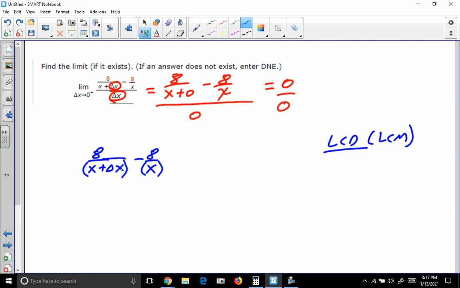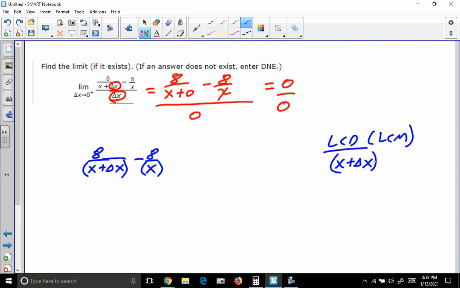So to be a common multiple of x plus delta x, we have to have that factor. So that's one factor, that whole thing. To be a multiple of x, we have to contain a factor of x. This does not contain x as a factor. It contains x as a term, something that has addition with it, but this doesn't contain x as a factor, something that is being multiplied by.